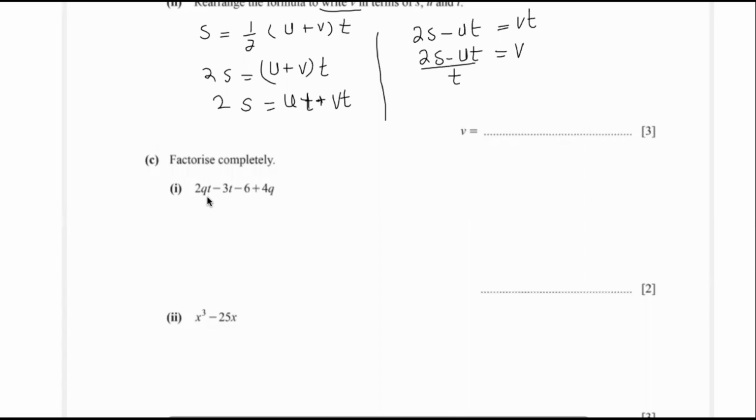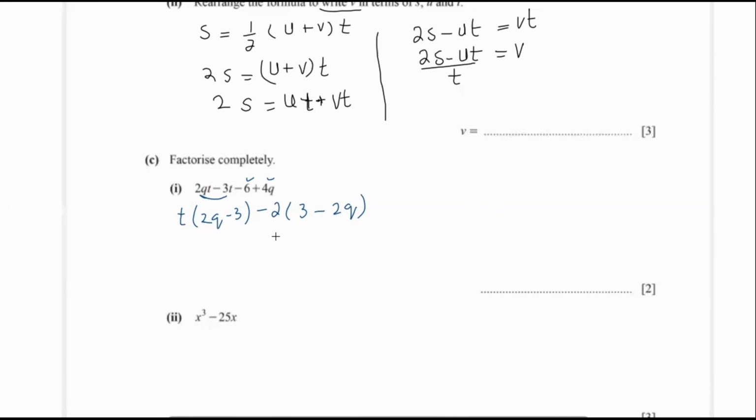Factorize completely 2qt minus 3t minus 6 plus 4q. Now firstly we will take the common. Now you see here, t is taken as a common. Now that value becomes 2q minus 3, and minus 2 is taken as a common, we get 3 minus 2q. Now you can see here that is 2q minus 3, and that is 3 minus 2q.